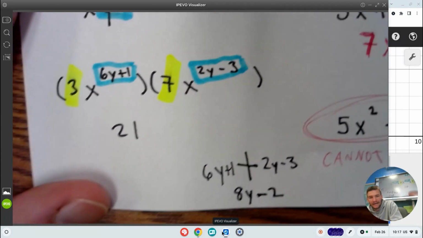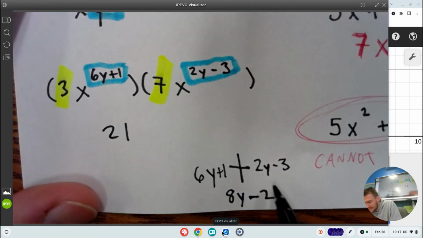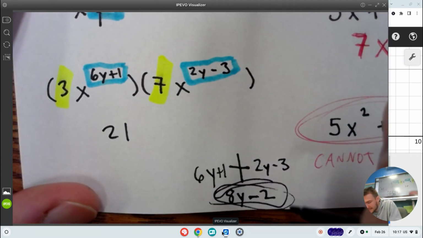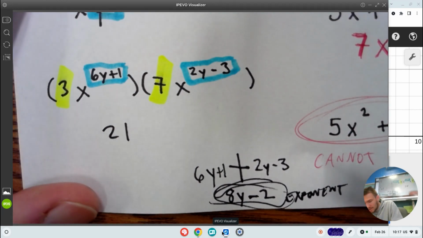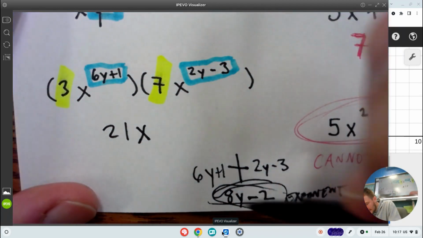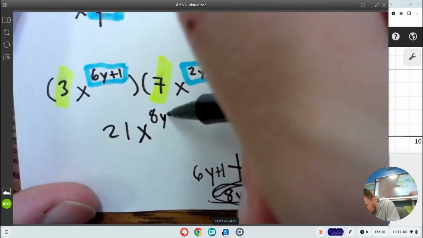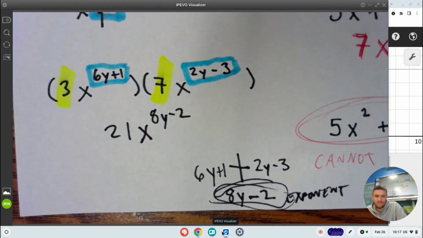And so what I just did, this thing right here, is the exponent. So I'm going to write x and then all of that, 8y minus 2.